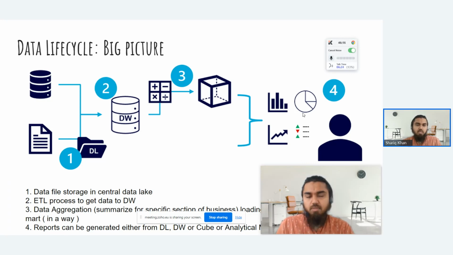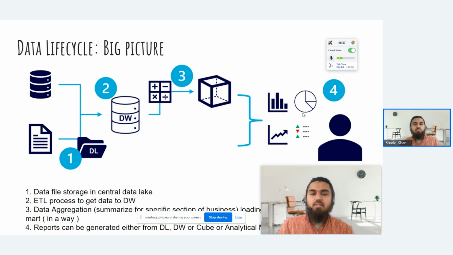So different data from different places come to a data lake. Then we perform ETL process, and the data is sent to data warehouse. Data warehouse is a relational database of a big, huge amount of data.